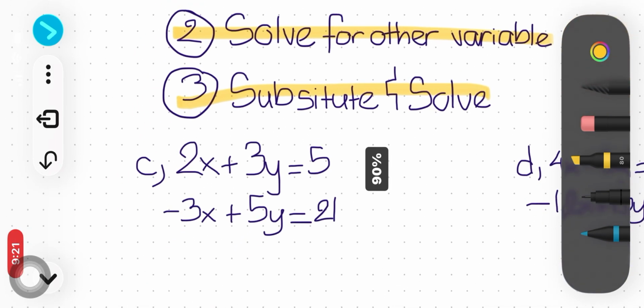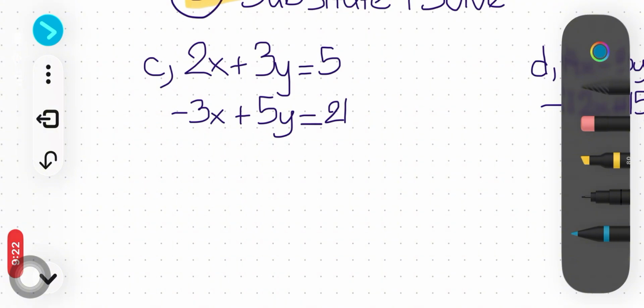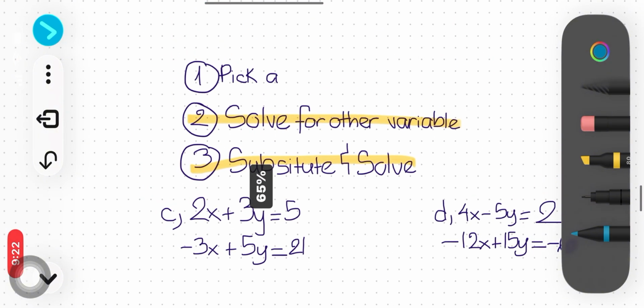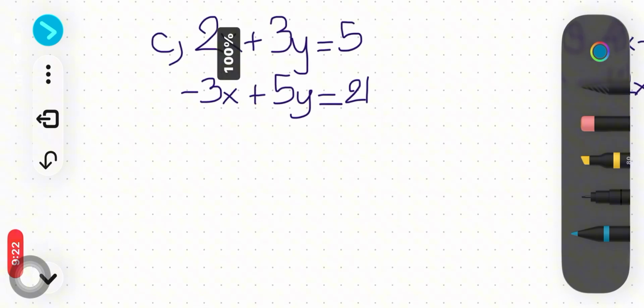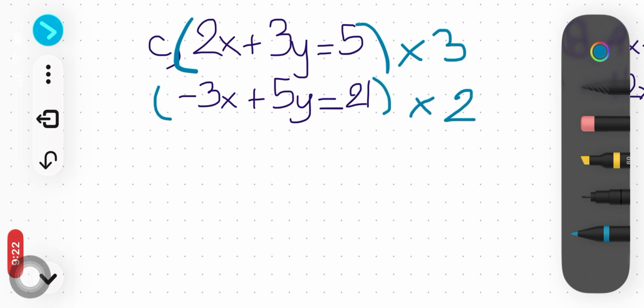Now we'll do the first example, which is 2x plus 3y equal 5 and 3x plus 5y equal 21. Now for the first equation, we multiply it by 3, and for the second, we multiply it by 2.